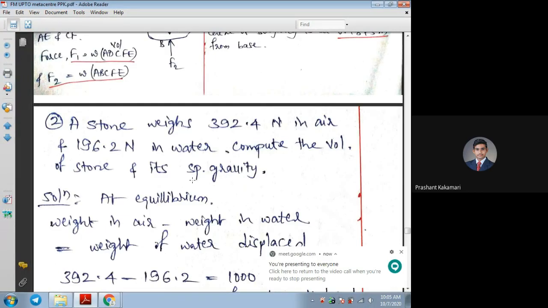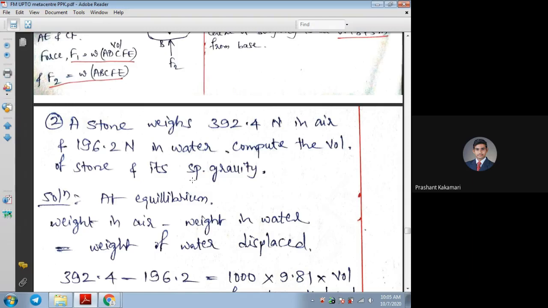Which means in this problem we need to find the densities first. Water density, all of you know. The density of the stone is not known, and to find the density, we know the units of density. So go by units. The unit of density is kg per meter cube, correct? Kg is the mass, but here weight is given, so convert this weight into mass.